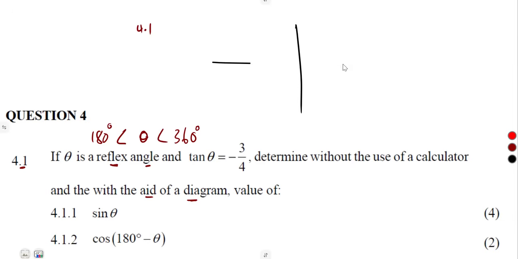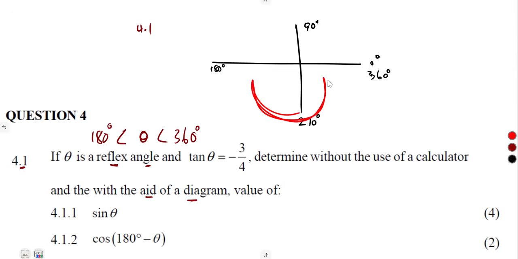Since we are told that the angle that we are dealing with is a reflex angle, greater than 180 but less than 360, it means it is found between the third and the fourth quadrant. That is where our diagram is supposed to be. But in the third and fourth quadrant, where is it that tan is negative from our CAST concept?